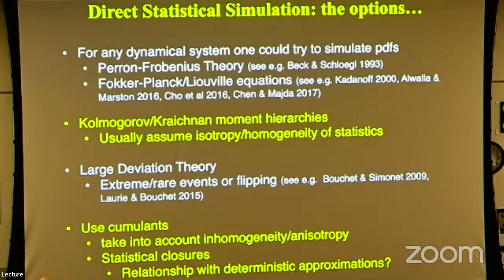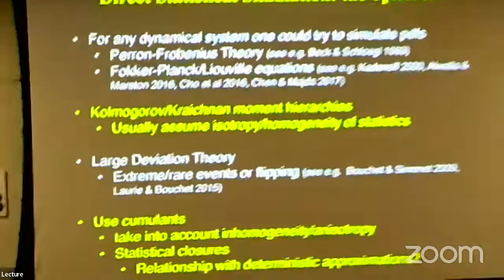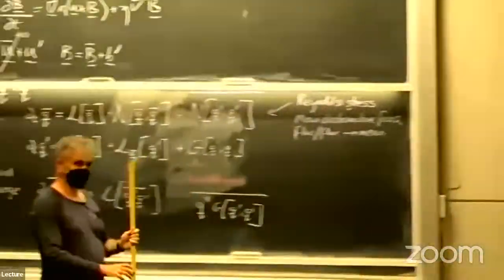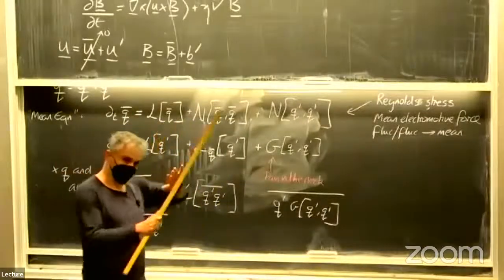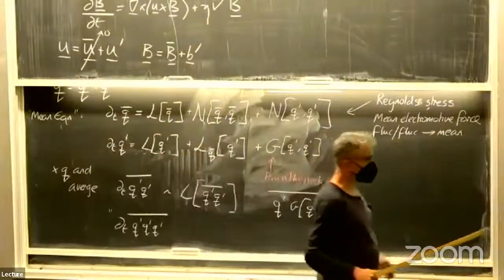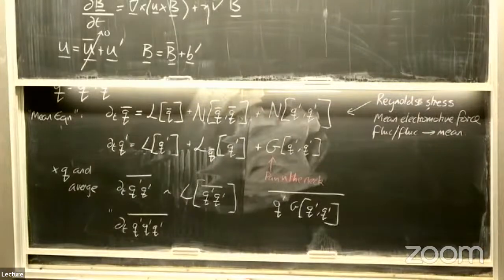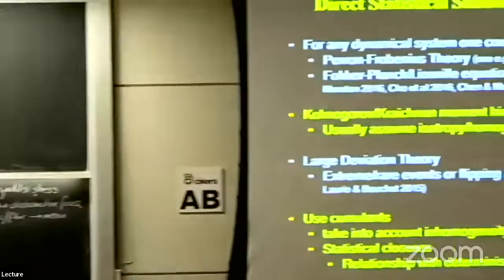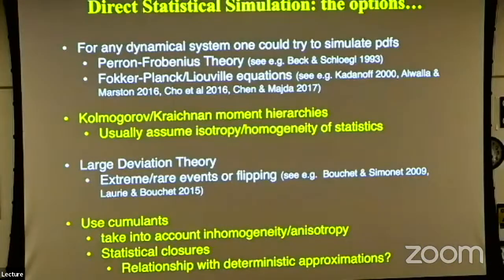If you want to talk about the rare events, the things that are only going to happen at the tails of your distribution, there's a whole other thing you can do. But what we're interested in is the low order statistics. So we're interested in means, 2-point correlation functions. These are the things that kind of define the bulk of the distribution, if you like. Okay, so let me just try and fix some ideas before we have a break, bless you.